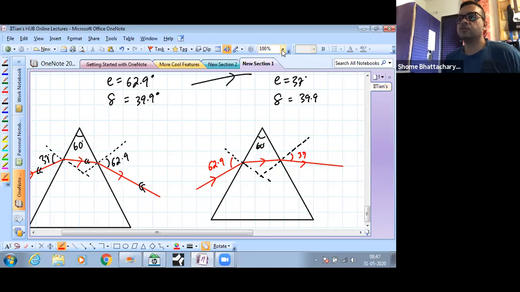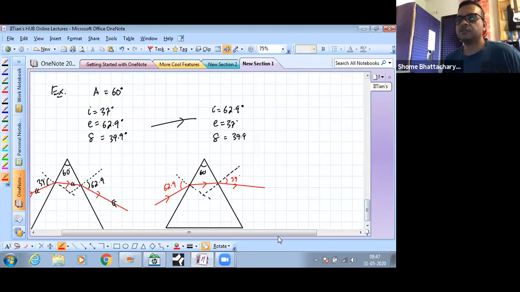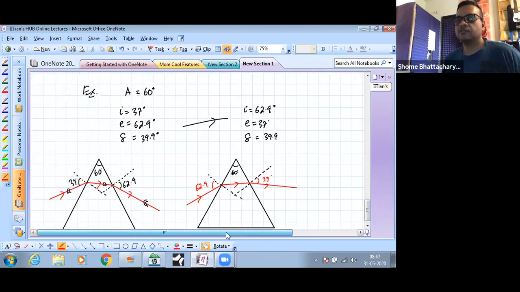So this is what we mean by the reversibility of light. I mean, not just reversing the direction in the given diagram, but actually taking two separate cases where light is incident from this side, and again light is incident from this side. In one case the incidence is 37, so the emergence is 62.9. In the other case, if the incidence is 62.9, then the emergence will have to be 37, and the deviation will be the same in both cases.